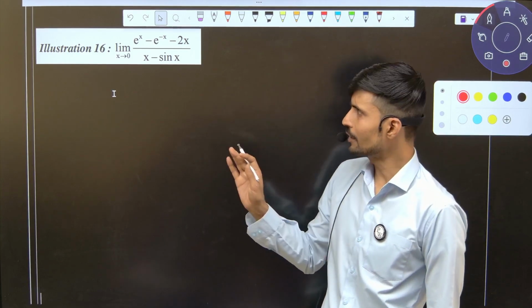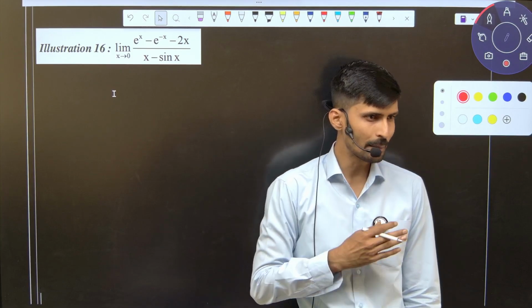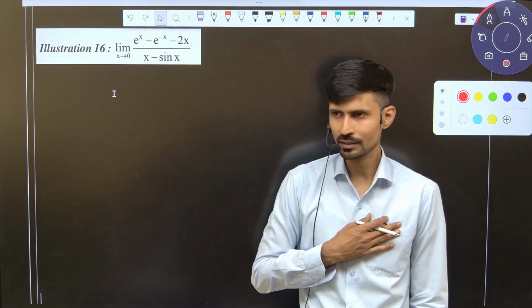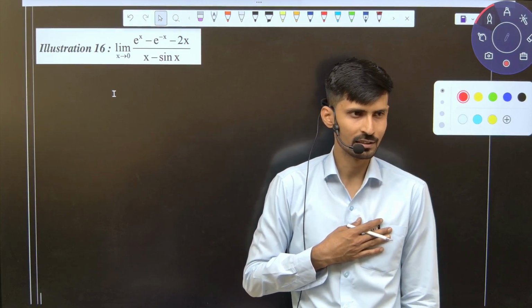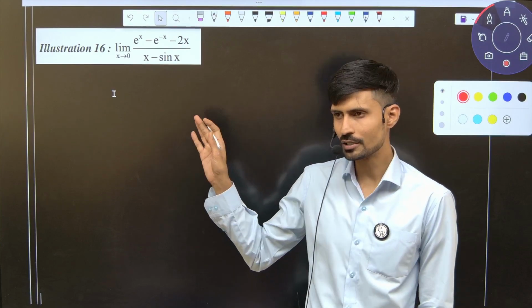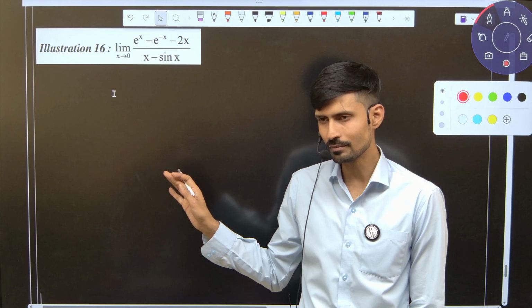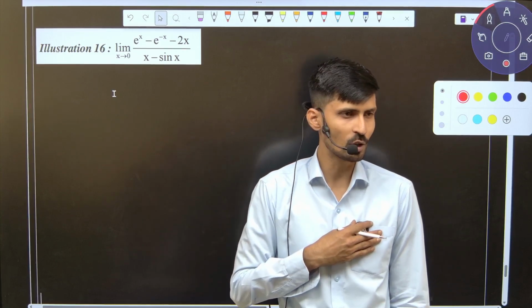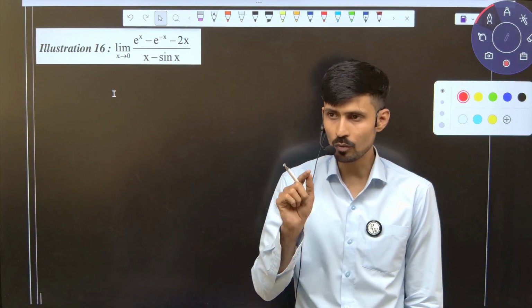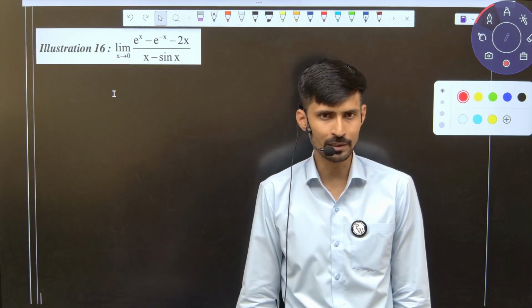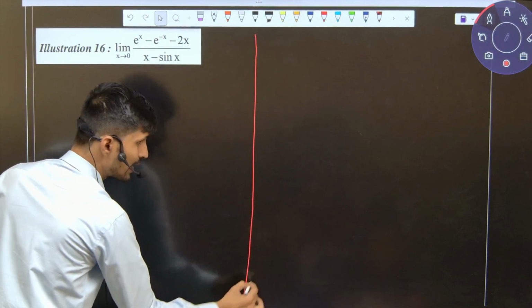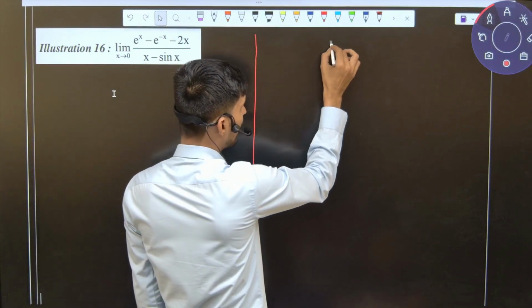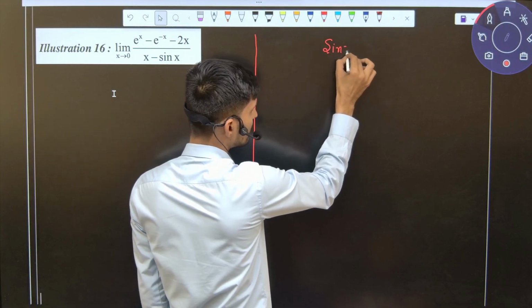First question, can we do this question with the normal method? I am going to think from my own side whether we can do this question with the normal method. If we can, no problem. And if we cannot do this question with the normal method, then we will think why we cannot. Then I will again bring that sin x minus x upon x cube. I will discuss both the things.